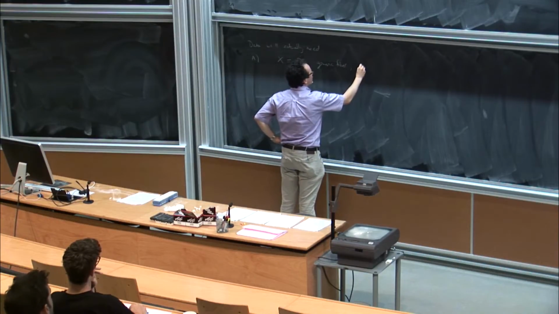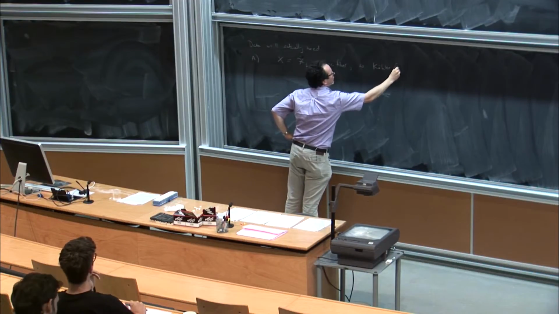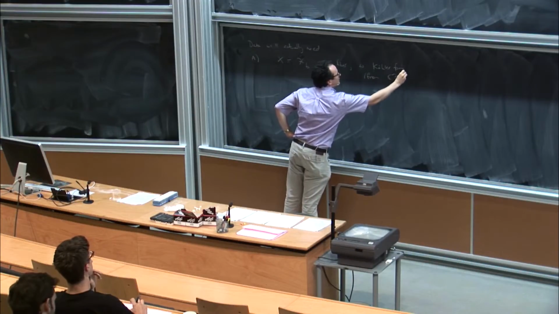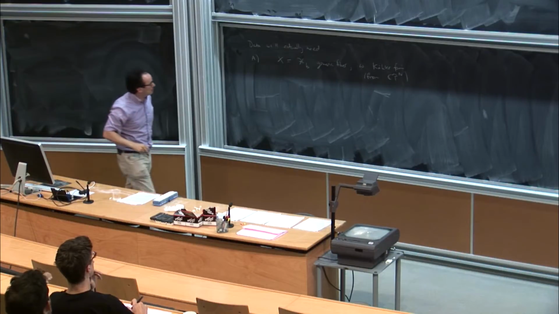This will come with omega, a Kähler form that's inherited from the ambient projective space. So that will be my symplectic manifold.